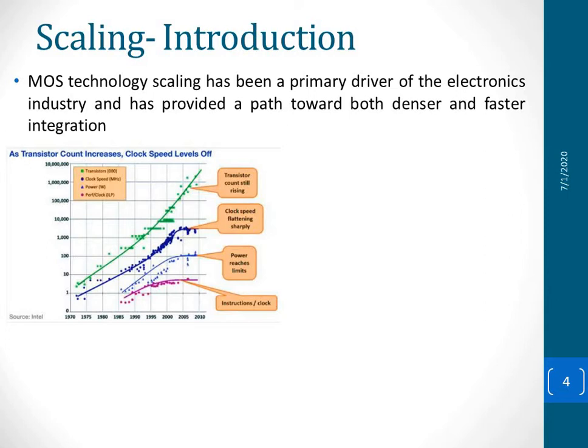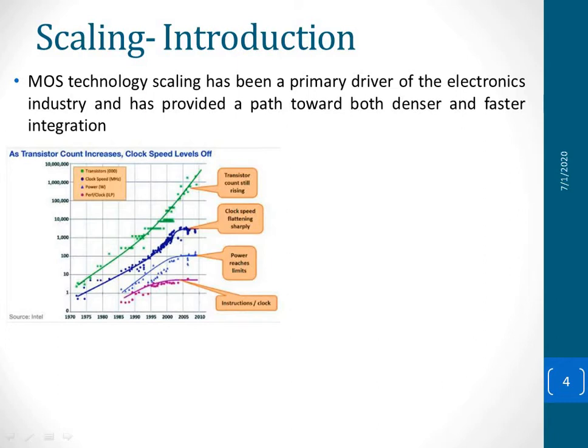If you see this graph, as the transistor count increases, the clock speed also increases, and after some point it flattens. That means we cannot go beyond certain limits.